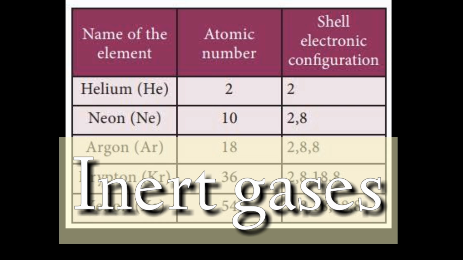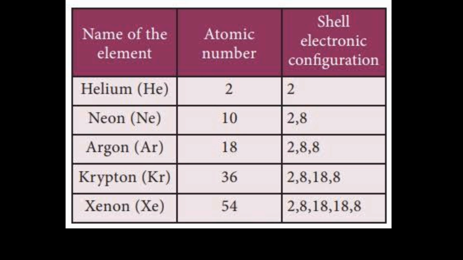They are also known as inert gases. Why are they known so? Because they do not undergo any type of chemical reaction. Other than argon and neon, we also have krypton and xenon as noble gases.